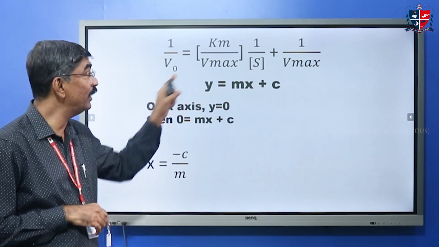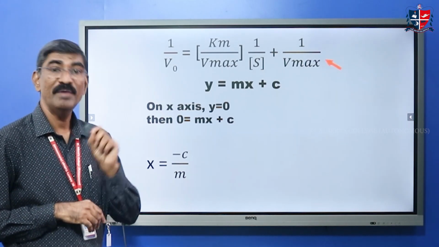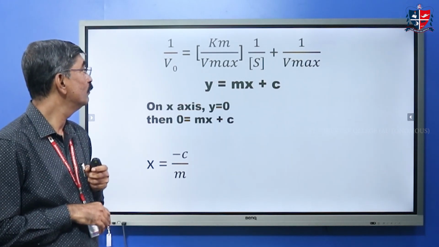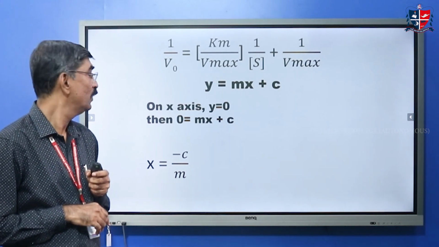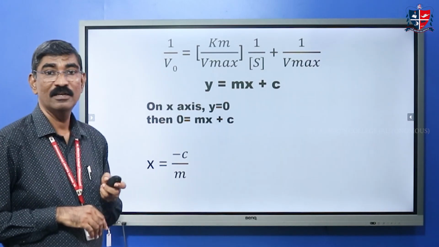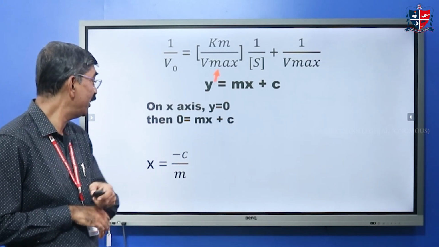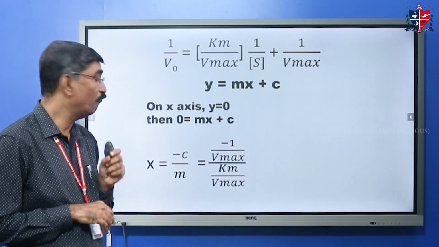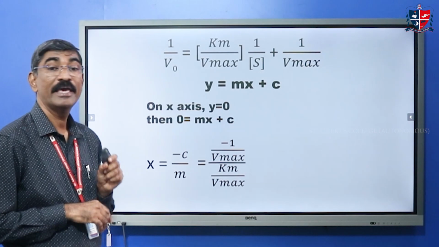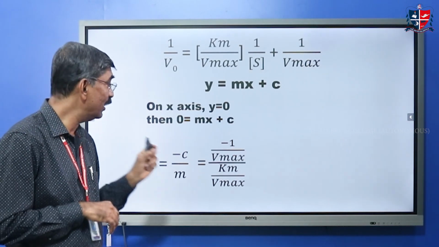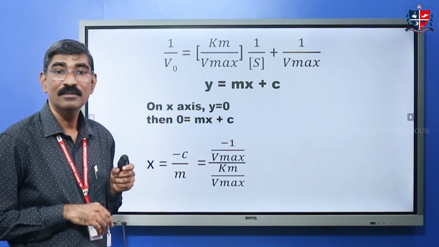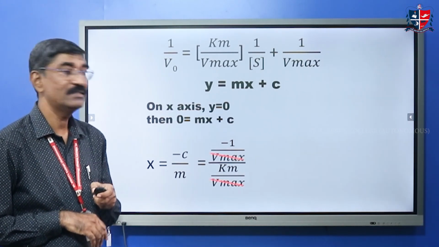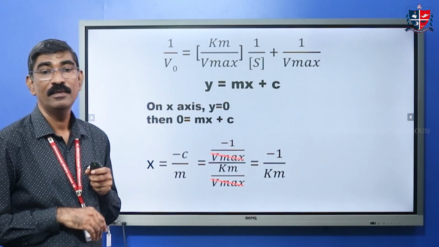C is 1 upon Vmax. And what is this m? M is Km upon Vmax. Now let us substitute that in this equation. So you will get minus 1 upon Vmax divided by Km upon Vmax. Here the Vmax in the numerator and the denominator will cancel each other, and finally you will get the value as minus 1 by Km.